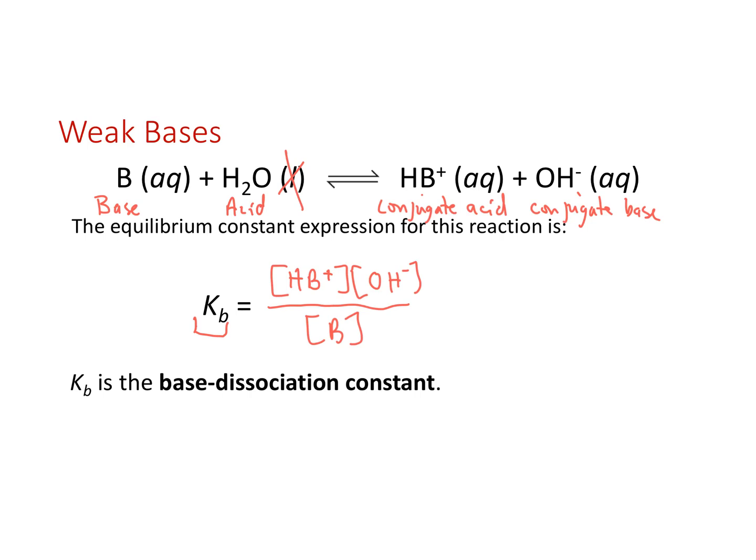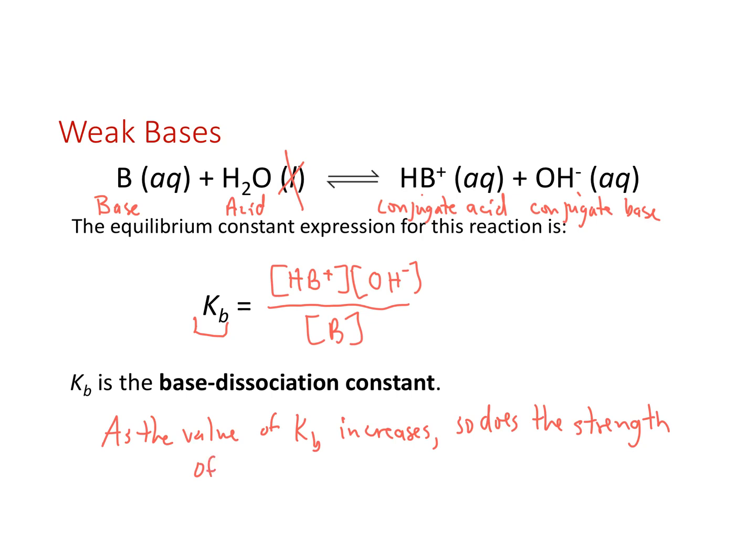And much like our magnitude of Ka and what that means about the strength of the acid, as the value of Kb increases, so does the strength of the base. And again, we could memorize that statement, or we could just think about how we calculate Kb.